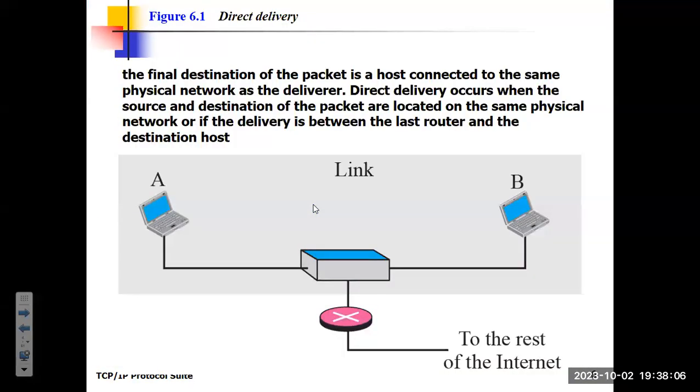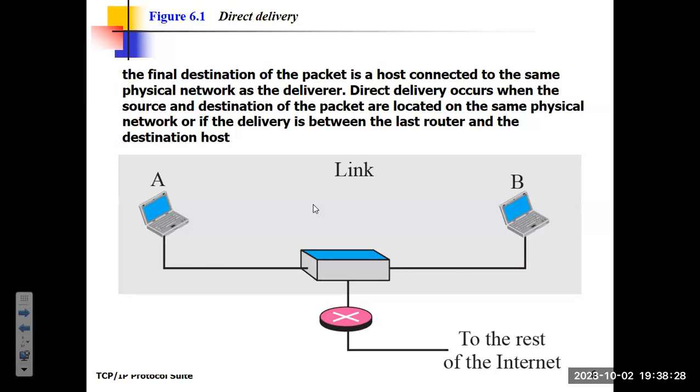What is direct? When we say it's a direct connection or direct delivery, you are in the same network. So I'm sending something from computer A to computer B, but these two computers are in the same network. That's what we call a direct connection.